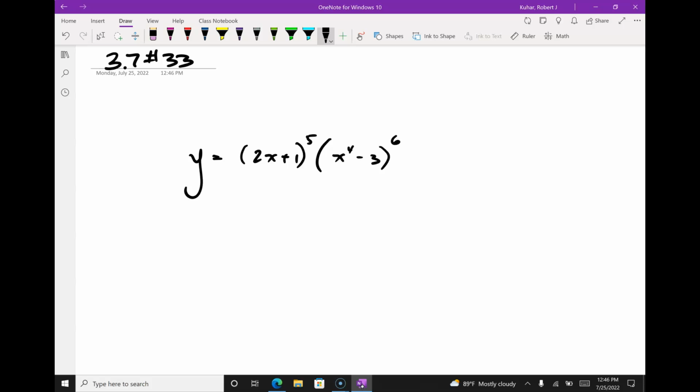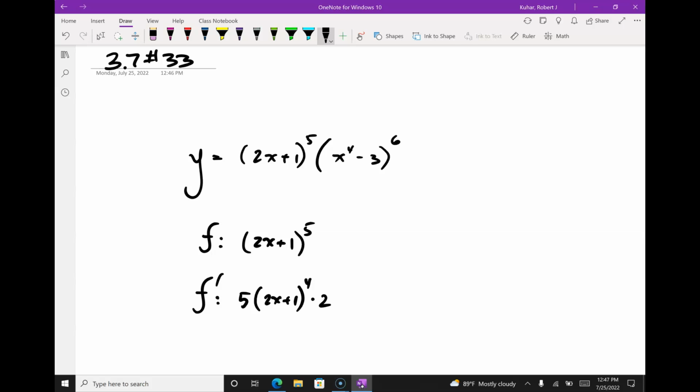So definitely a product rule, right? And always a chain rule. Always, always, always a chain rule. So my first function in the product is (2x plus 1) to the 5th. What's that derivative? Nice, times another 2, right?